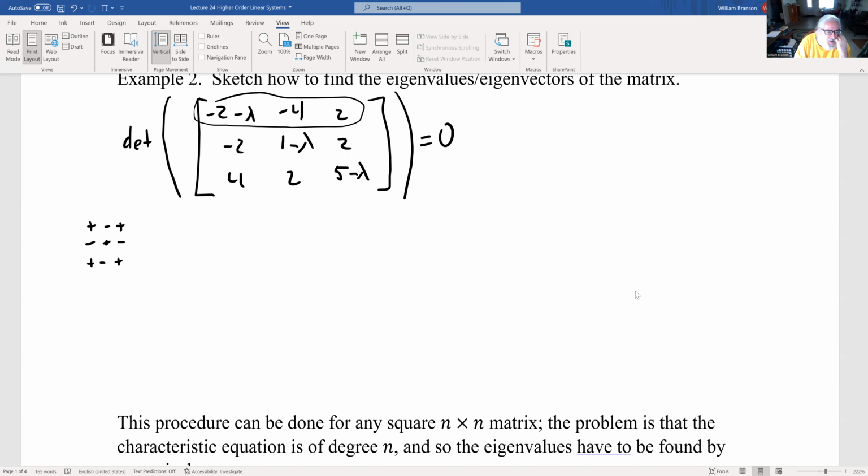So we'll take -2 minus lambda with a positive sign times the determinant of the matrix you get by looking at what's left after you get rid of the row and the column that the -2 minus lambda is in. So that's 1 minus lambda, 5 minus lambda, 2, 2.